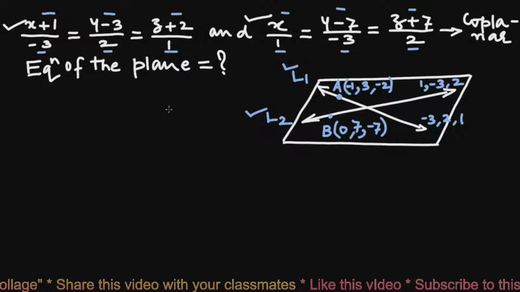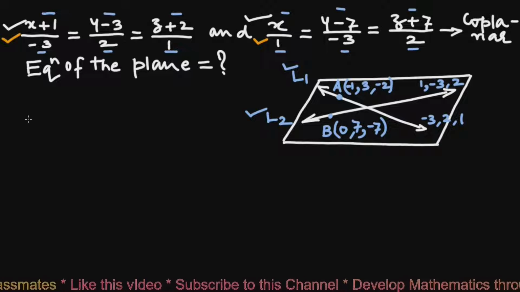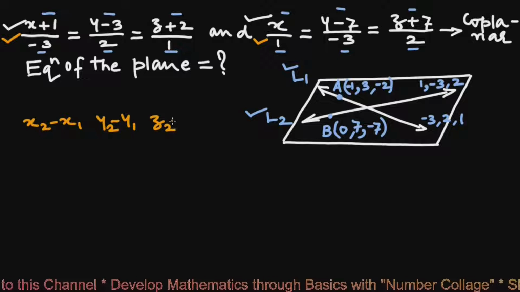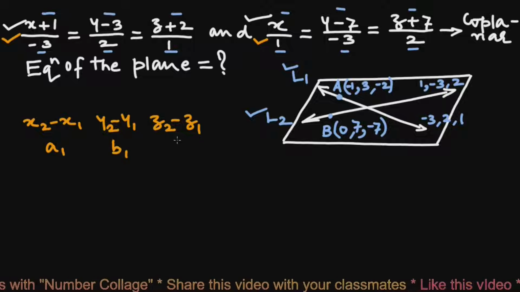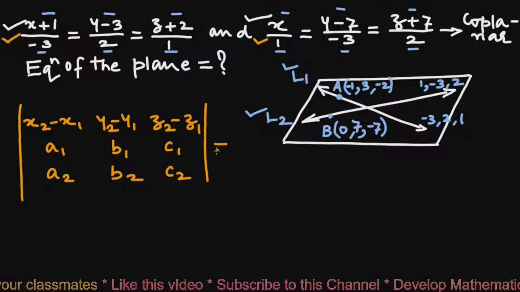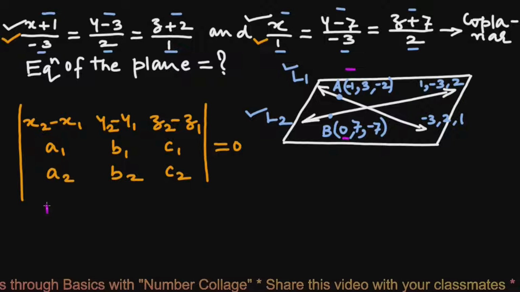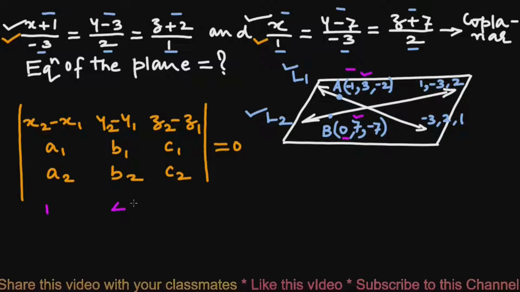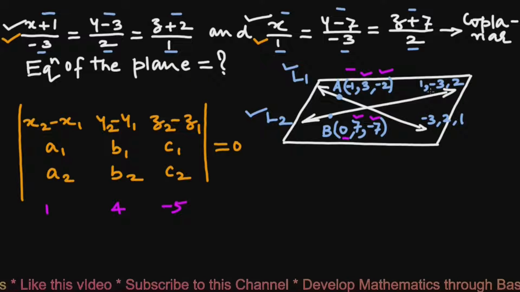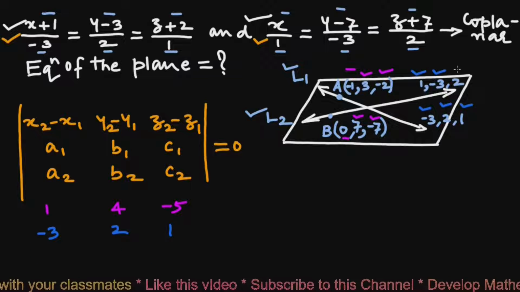Now we know that these two lines are coplanar when the determinant |x2 - x1, y2 - y1, z2 - z1; a1, b1, c1; a2, b2, c2| equals 0, which will be |0 + 1, 7 - 3, -7 + 2; -3, 2, 1; 1, -3, 2|, that is |1, 4, -5; -3, 2, 1; 1, -3, 2|.